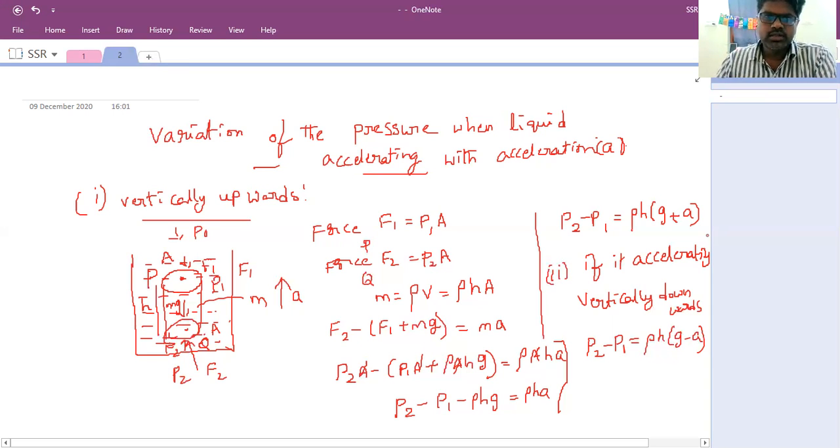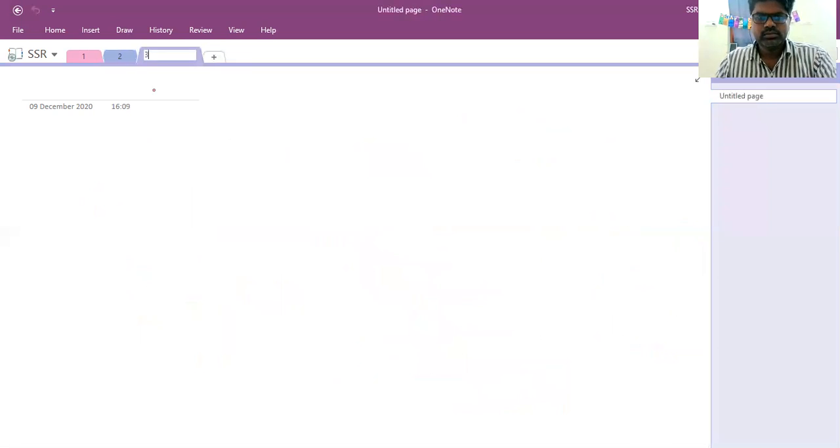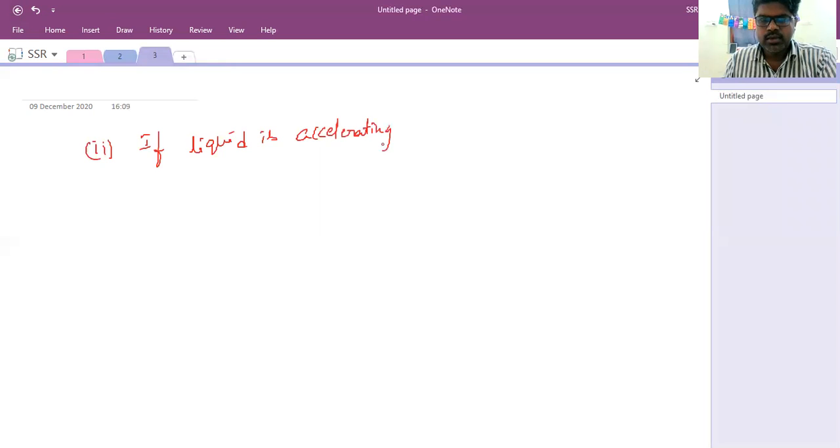Next, we'll see the third case: the liquid column is accelerating horizontally with some acceleration a.